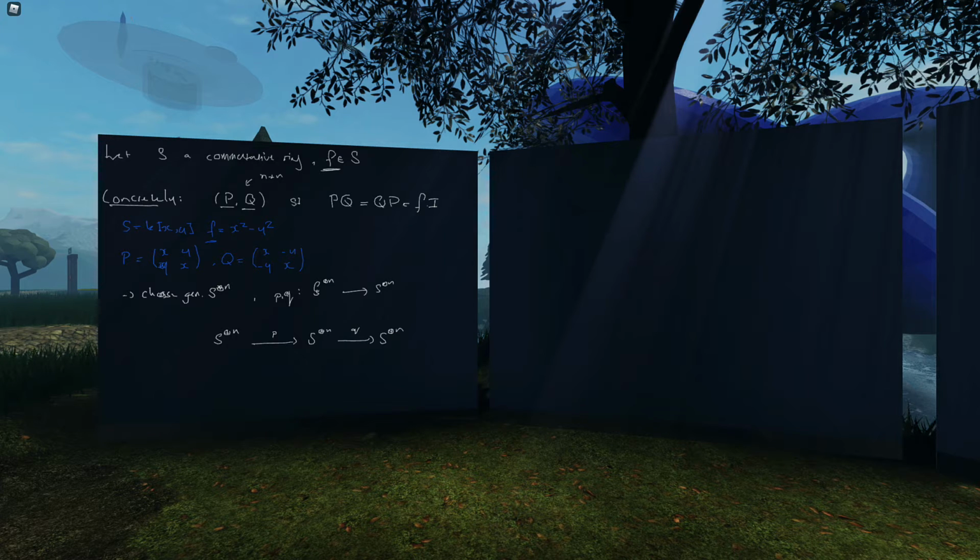We can view this as a Z2 graded S module, where we have this part in degree 0, this part in degree 1, and this part is the same as the first part. It is also in degree 0, so you can identify this end and this end. Together with an odd endomorphism, which is made up of P and Q here, given by, let me get this the right way around, this, yeah, right?